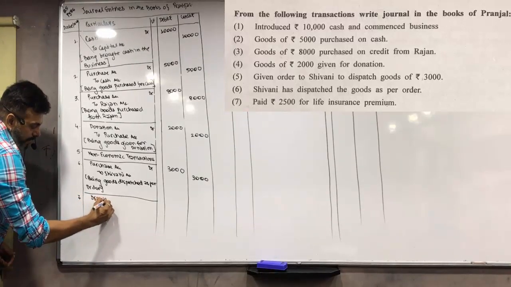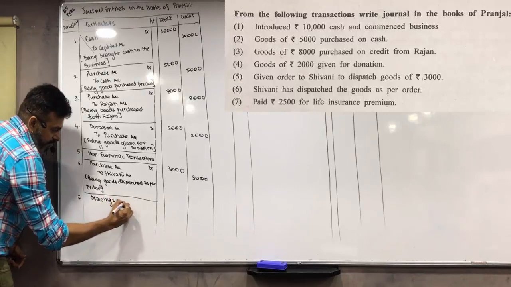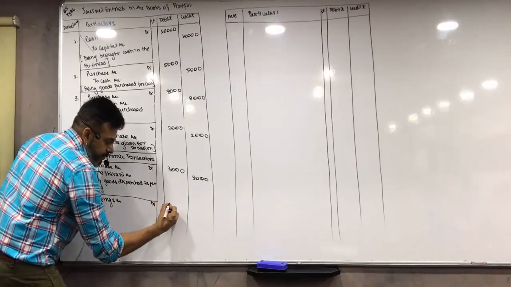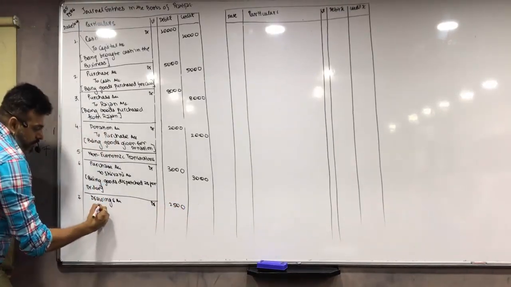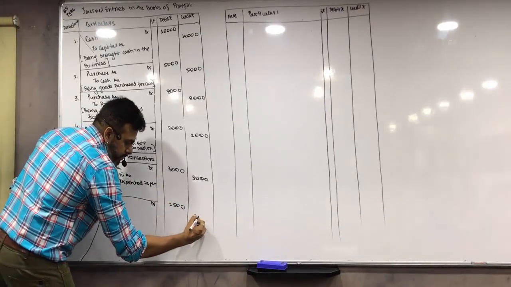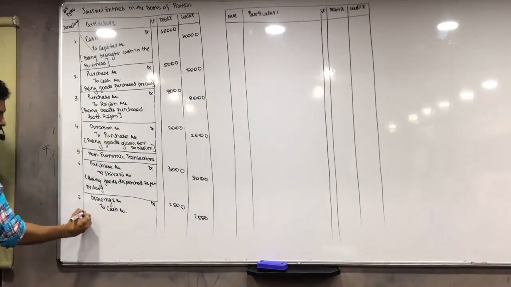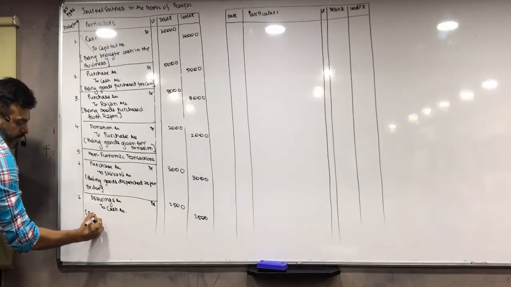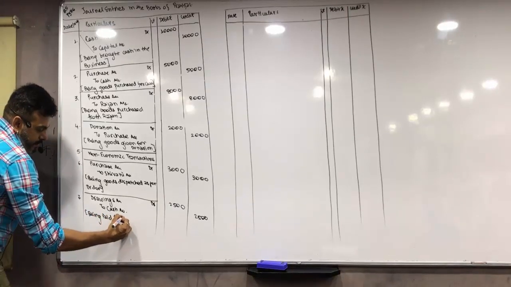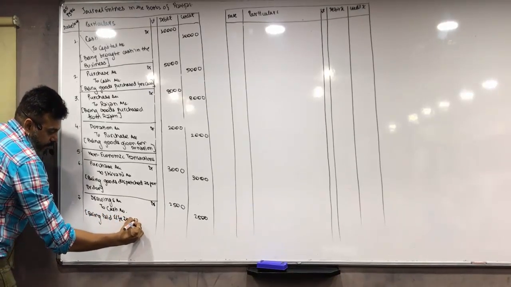Drawings account debit. Mark this transaction, very important for exam. 2,500 to cash account. Cash goes out. Cash account credit. Being paid life insurance premium.